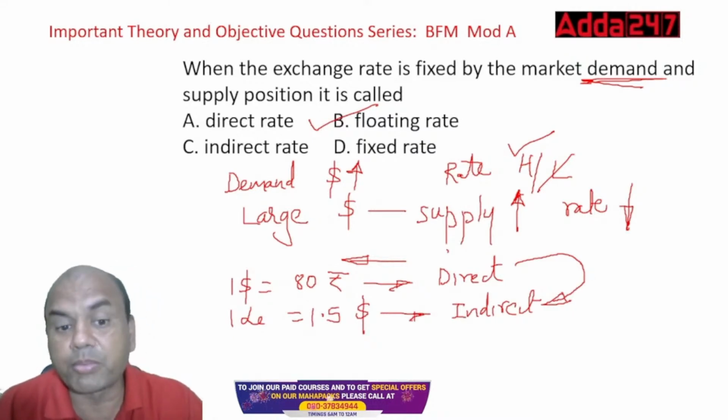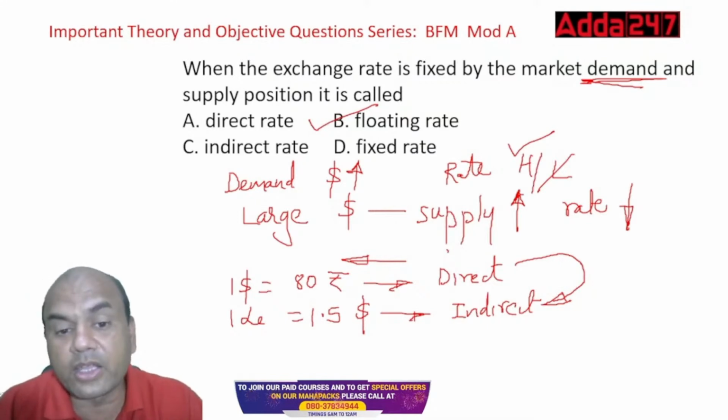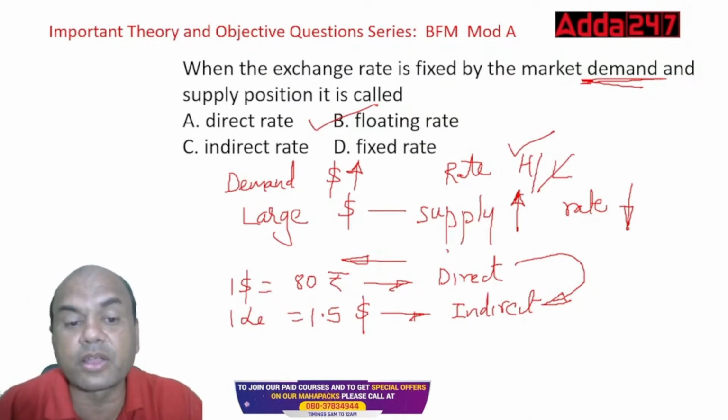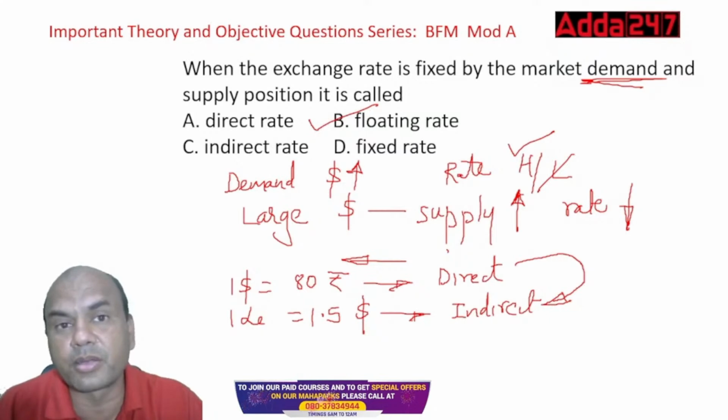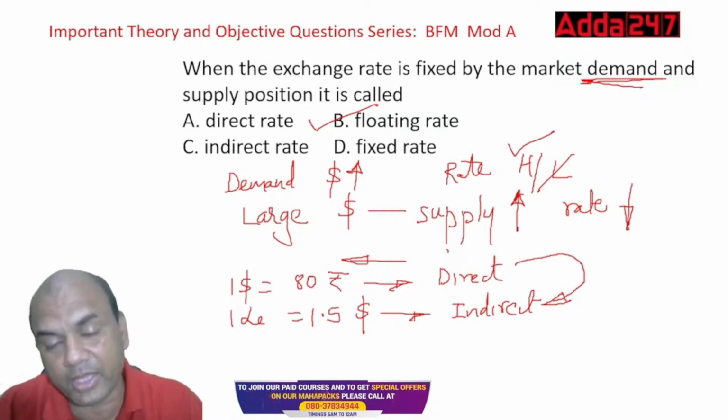Is this economy bigger than that of India? No. The Indian economy is bigger than that of the Britain or London economy. Then also they are having this indirect rate, because these rates were fixed long back. That's why they are still prevailing.